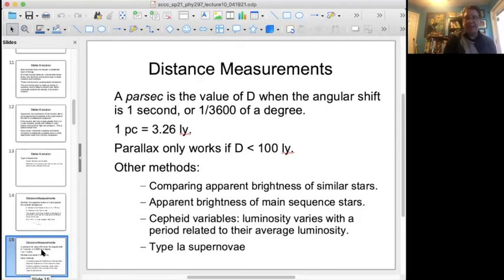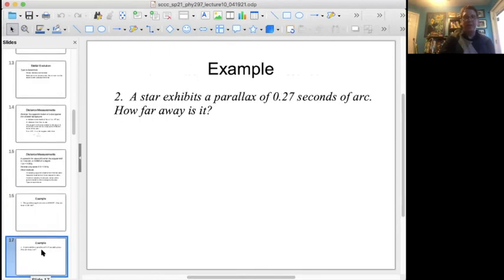So if you can find a Cepheid variable, you can figure out its period, and that relates to its average luminosity, and from that you can figure out distance. And then the other thing are the type 1a supernovae, and usually the more distant you get, the more useful the type 1a supernovae are for distance measurements.